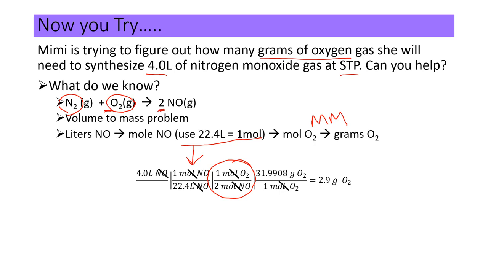That is the mole to mole relationship within the balanced chemical reaction. And then we're going to use the molar mass of oxygen gas to get us back to grams. And when we solve, we get 2.9 grams of oxygen gas that is needed in order to synthesize 4 liters of nitrogen monoxide gas at those standard temperature and pressure conditions.